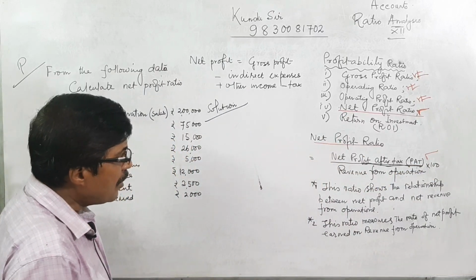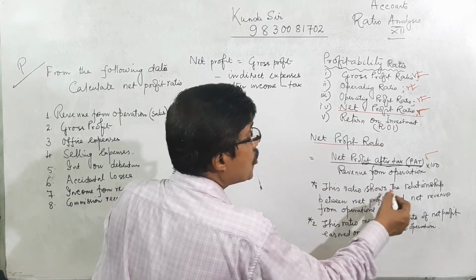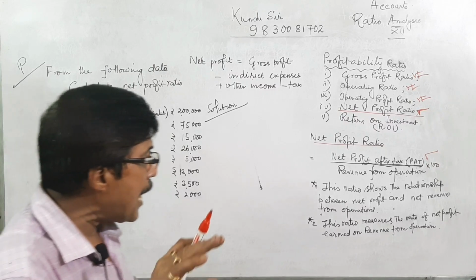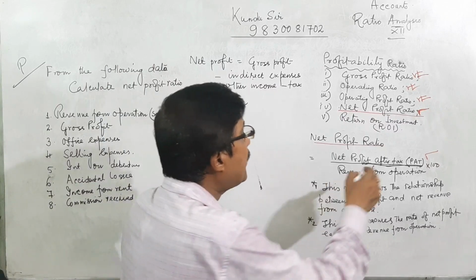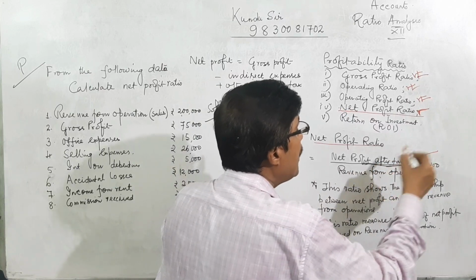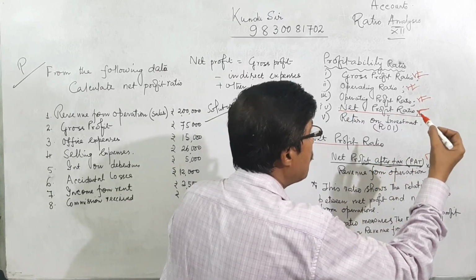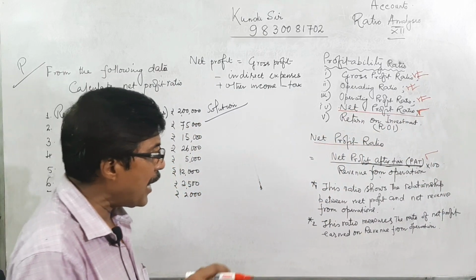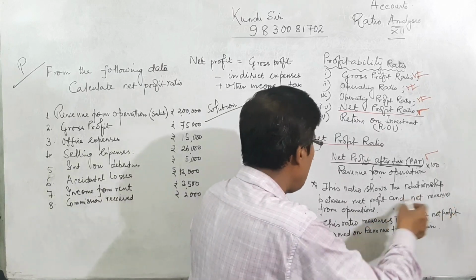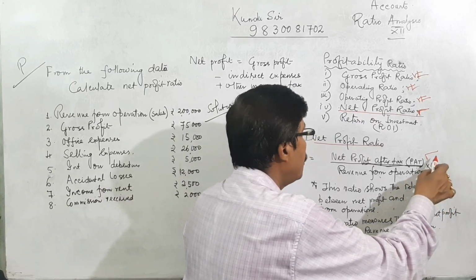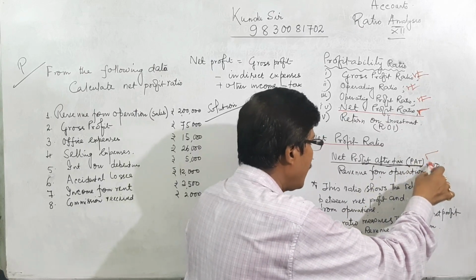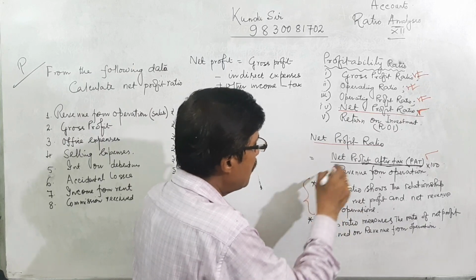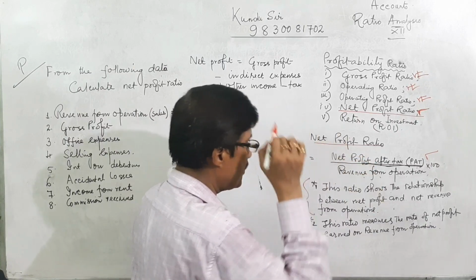What is the purpose of this ratio? This ratio shows the relationship between net profit and net revenue from operation. Usually it is expressed in percentage. It indicates the relationship between net profit and sales.